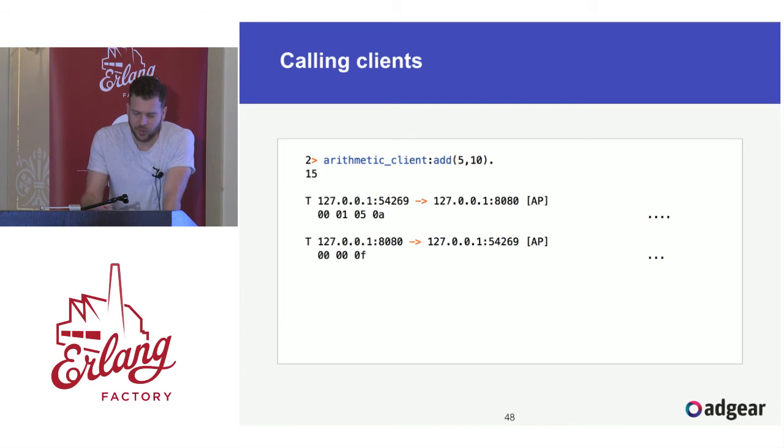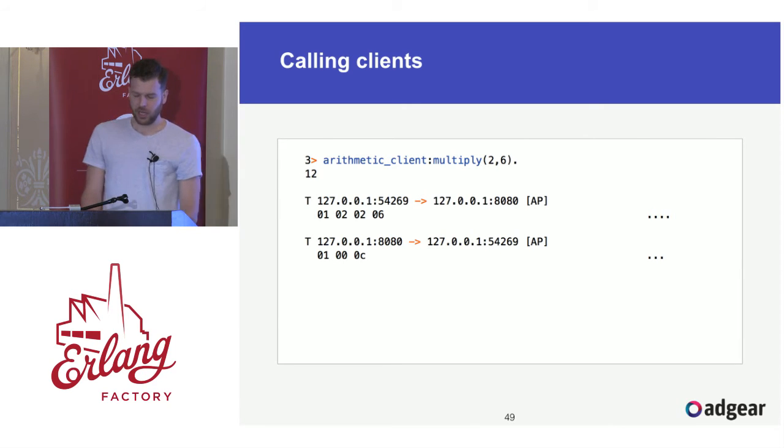And you get the response with the same request ID 0, and then the response of 15. Again, same thing here for the multiplication. Now we're request ID 1, and the operation is 2, and then it's 2 times 6, and then the request ID 1, and we get the 12.